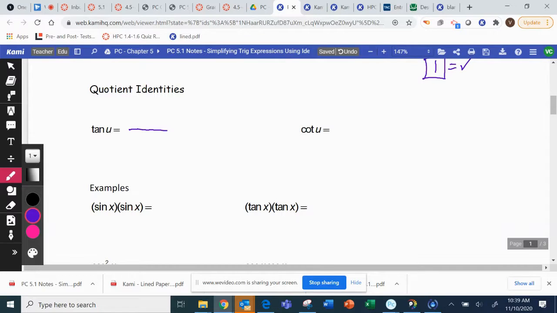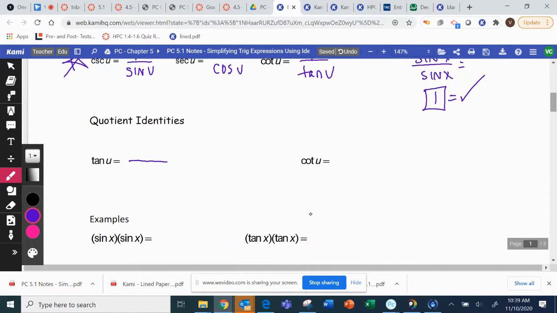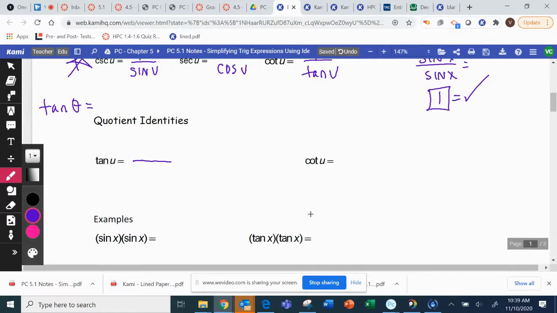All right. Before I tell you this quotient identity, I do want to give you an idea of where this is coming from. When we were doing things like tangent of theta equals, what's the formula for tangent of theta? What over what? Don't tell me words like opposite. Tell me the letters. Y over x.